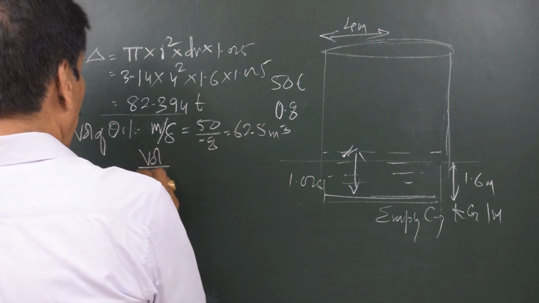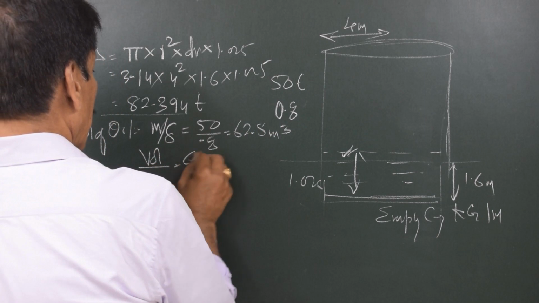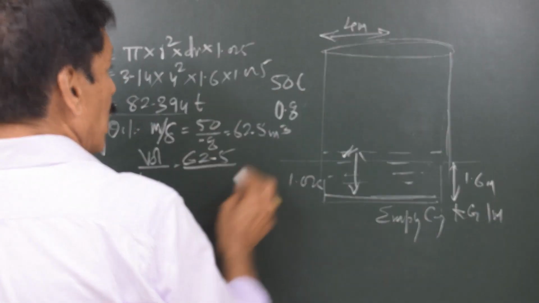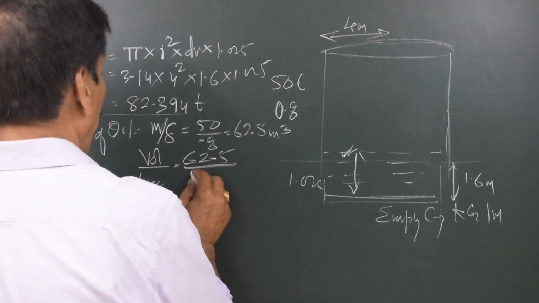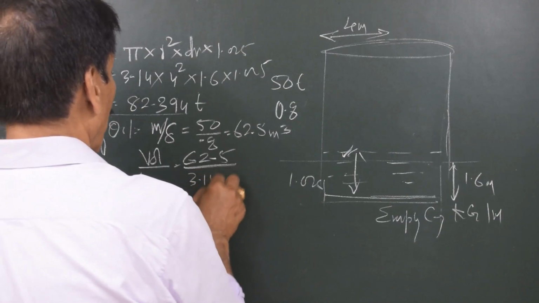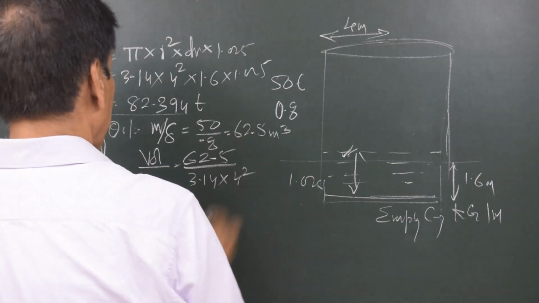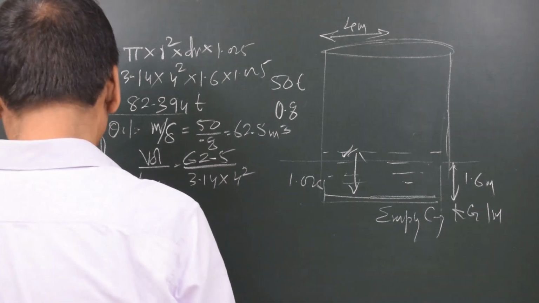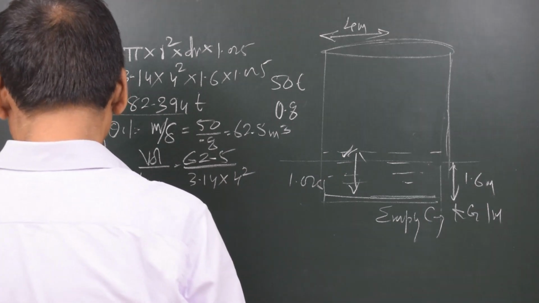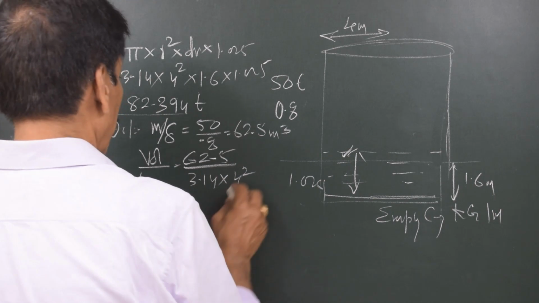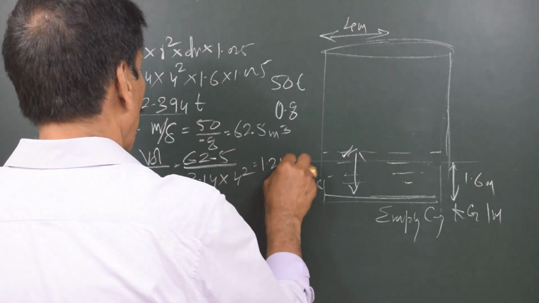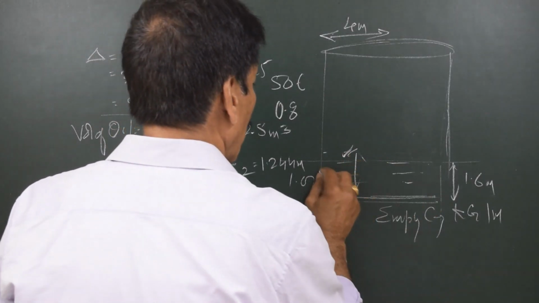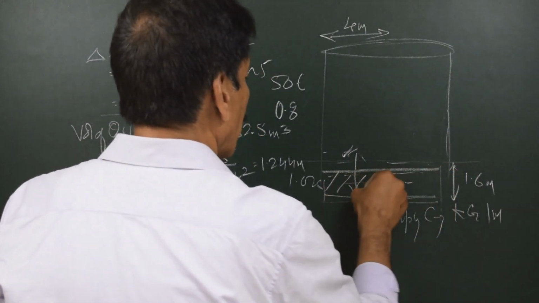So that is 62.5 divided by the area of the cylinder. The horizontal area is pi r square, that is 3.14 into 4 square. So 62.5 divided by that gives me the height as 1.244 meters. That will be the height of liquid. So liquid is just up to this height.